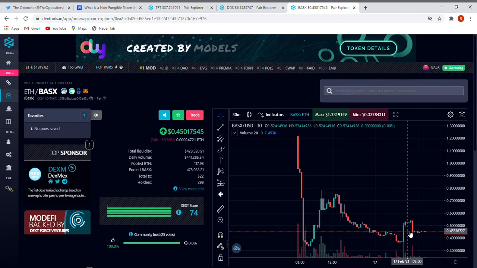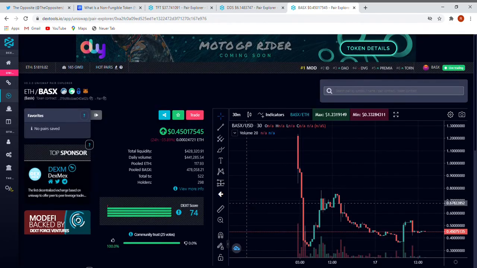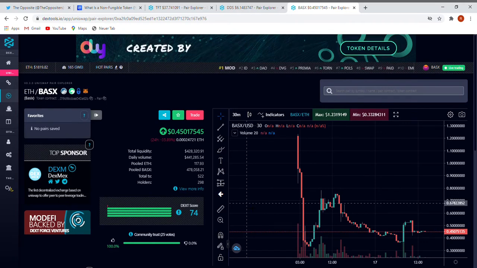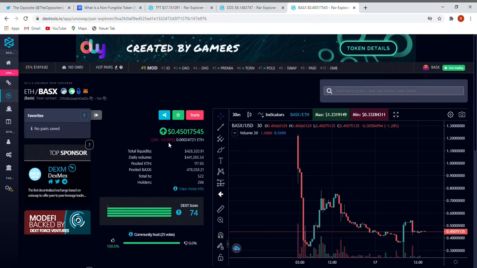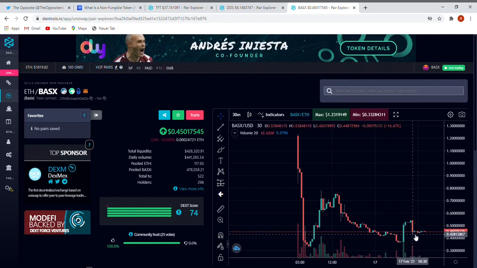I really like it. So let's have a look at their supply. 1.9 million whole supply. So if you look down there, only 45 cents for now. I think the space up is giant. We'll see what happens. I think this will pump massively around the next couple days, because the bottom is very stable.